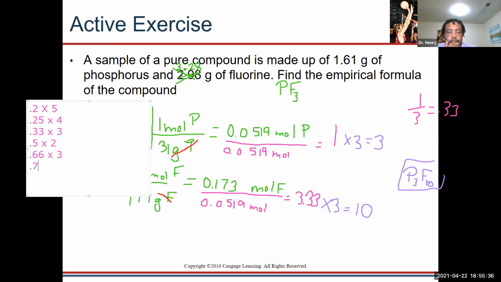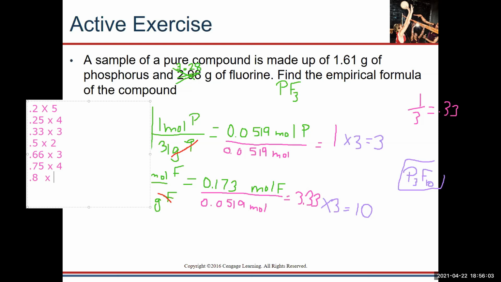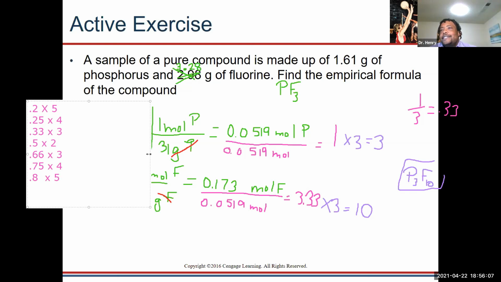And if I have 0.75, times 4. And 0.8, is it going to be 5 again? It's going to be 5 again. Okay, see the little trend?